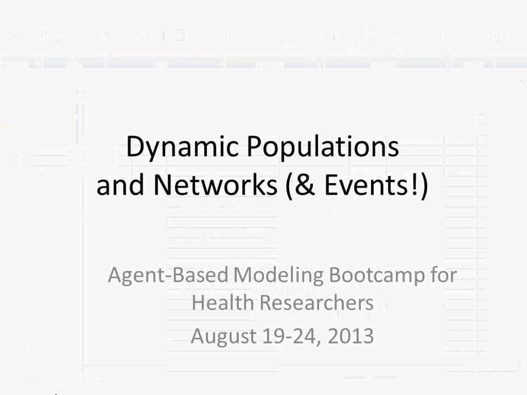So this morning we're going to be weaving together discussions of a couple of things. One is dynamic populations, dynamic networks to some degree, and events. Okay. One of the challenges associated with agent-based modeling is that it has quite a large vocabulary compared to other forms of modeling with which you may be familiar.